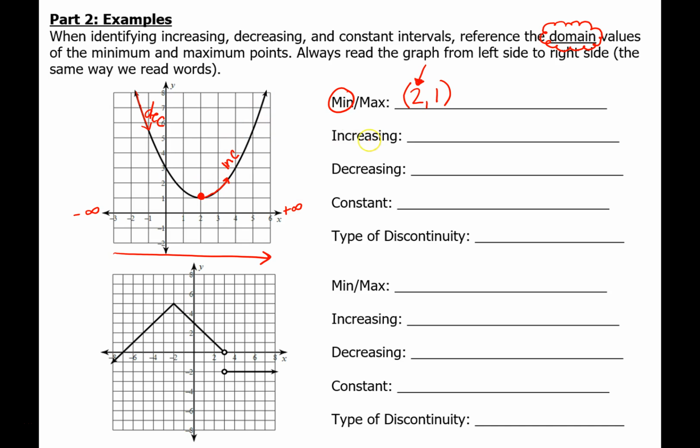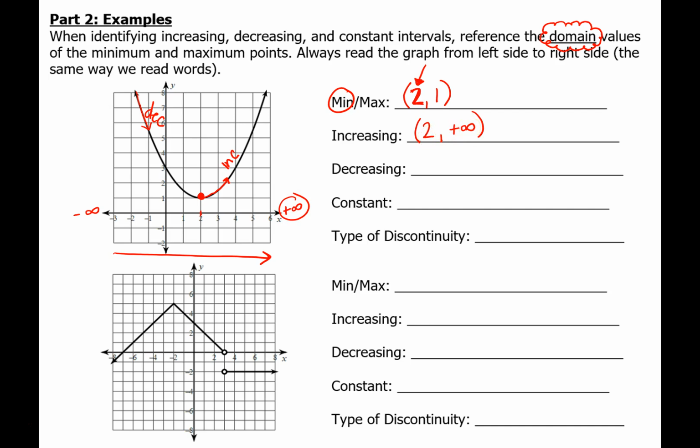Okay, so the increasing part starts at this turning point, which is at 2. That's the 2 from my relative minimum. So I'm going to start at 2, and it increases to the far right. That's positive infinity. So I'm going to say the interval is from 2 to positive infinity.